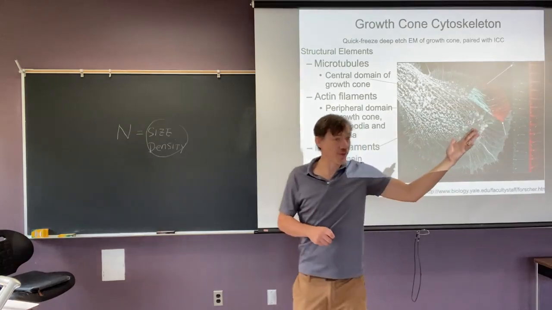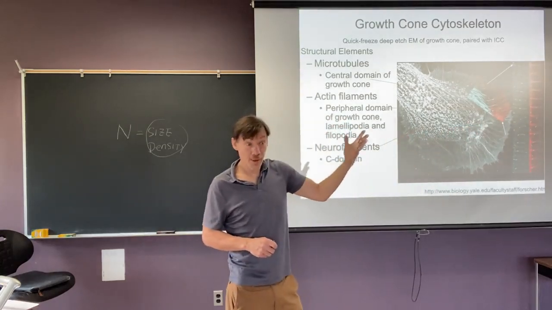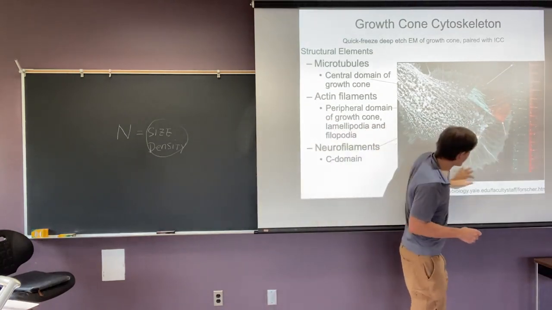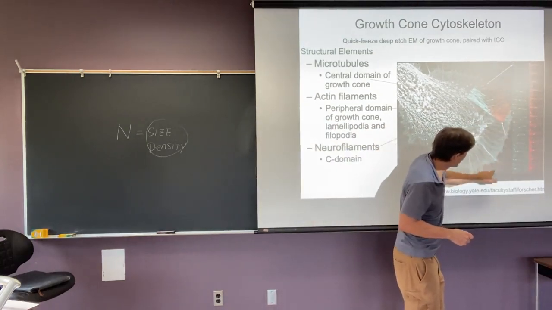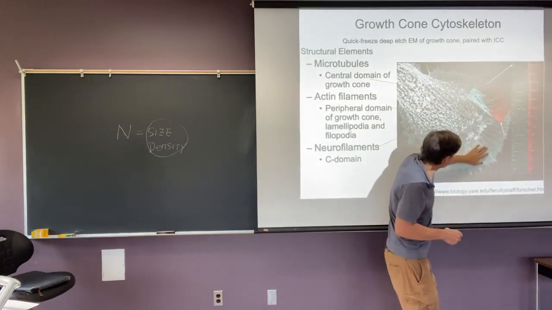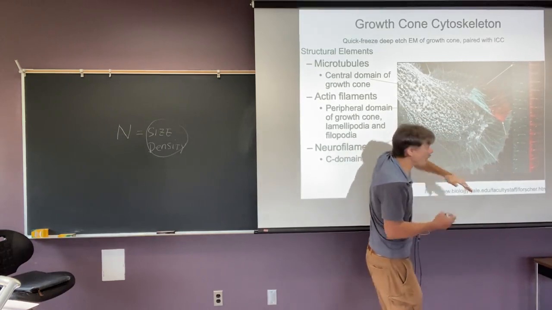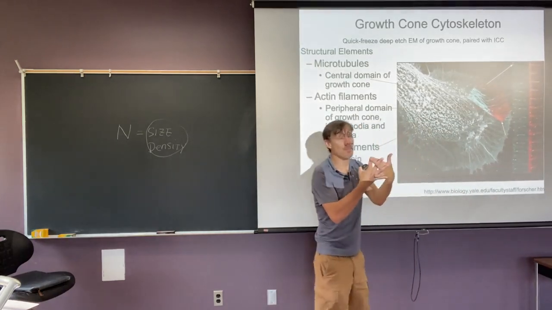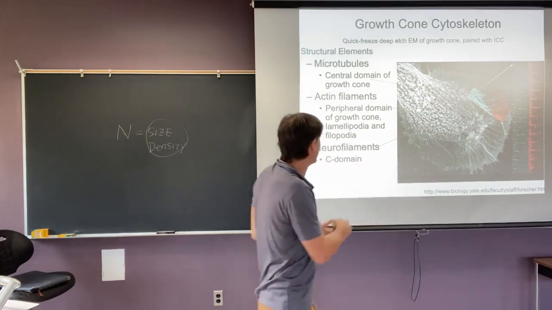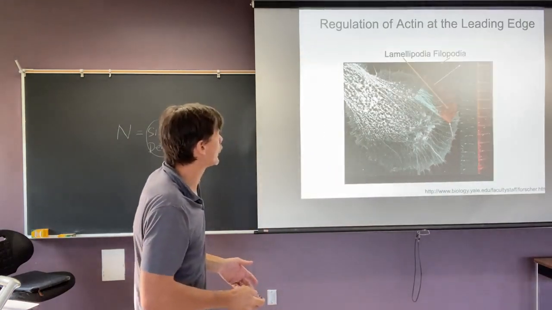They kind of look like fingers. These are the filopodia in the growth cone. Everything out here is actin, so these filopodia are built from actin filaments. And then the lamellipodial veil is right here, and that's going to be a cross-linked meshwork of actin filaments. And we'll talk about the proteins that build up these different structures in a bit.